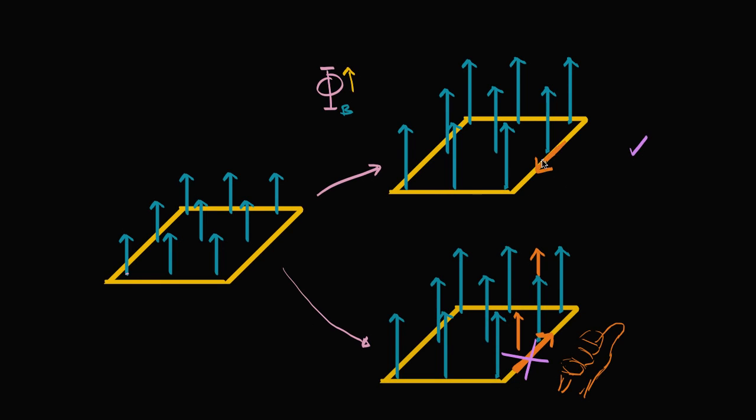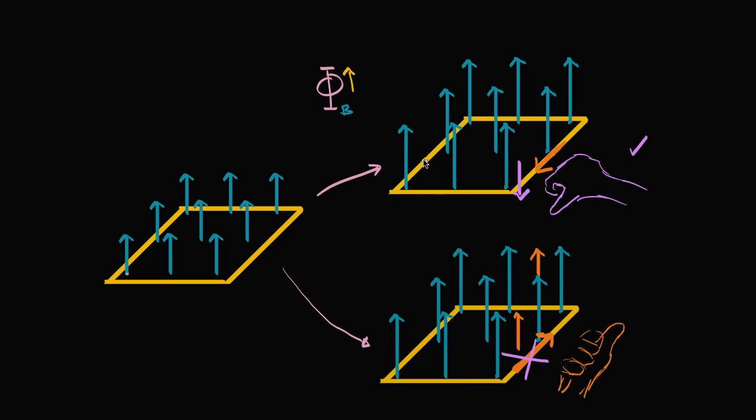And let's think about what happens here. We can do the right hand rule again. We take our right hand, point our thumb in the direction of the current, and we see that this would induce a magnetic field that would decrease the flux. The current right over here would produce a magnetic field that's going downward.